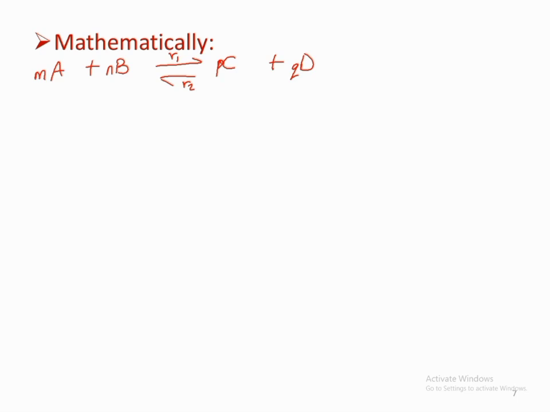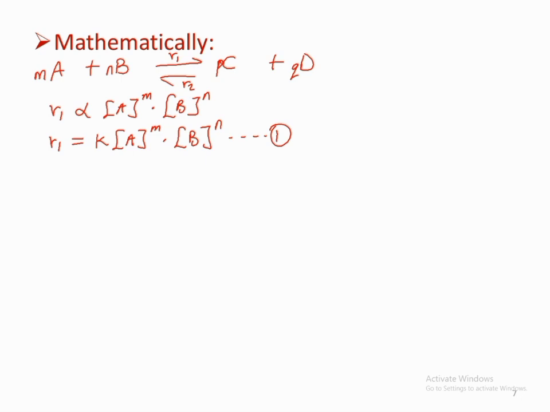Now, you agree with me that according to the law of mass action, R1 is proportional to the concentration of its reactants, so A raised to the power M multiplied by B raised to the power N. For every proportionality sign, there must be a proportionality constant, which means R1 is equal to K1 times A raised to the power M multiplied by B raised to the power N. Let's call this equation 1.